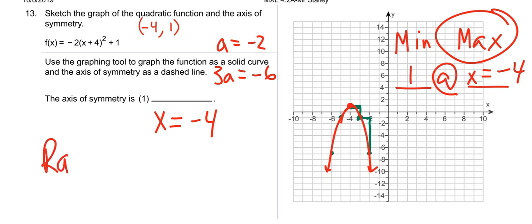What's the range of this question? Remember how we talked about smashing the whole thing up against the y-axis? Push it all up against the y-axis. What would that range be?